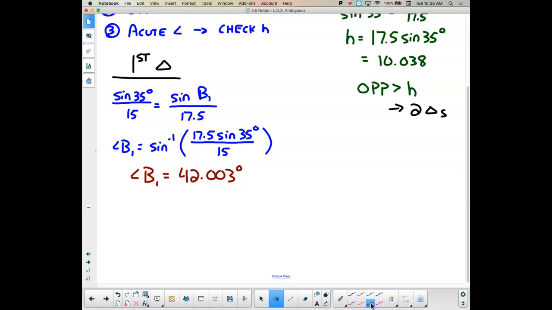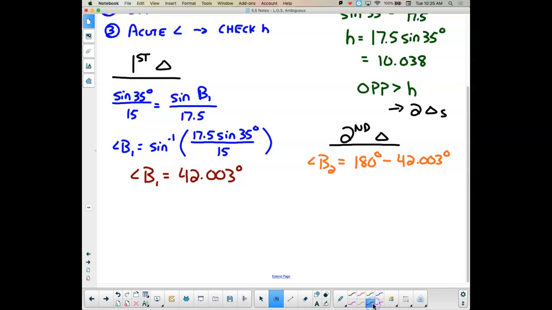Okay. Now, since the math is going to be the same basically on the second triangle, I'm going to say then that angle B sub 2 is going to be 180 degrees minus 42.003 degrees.